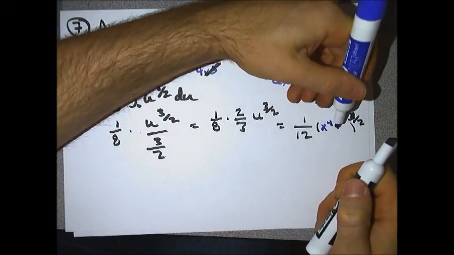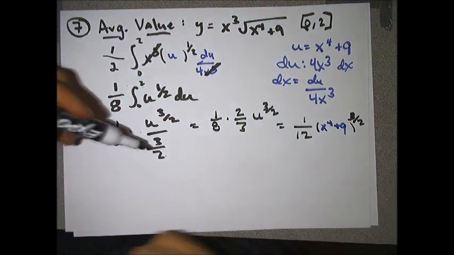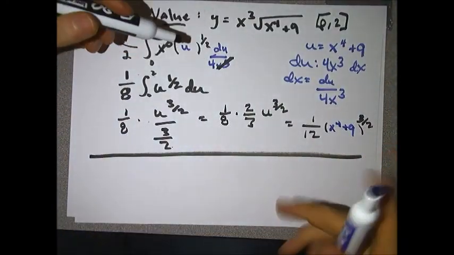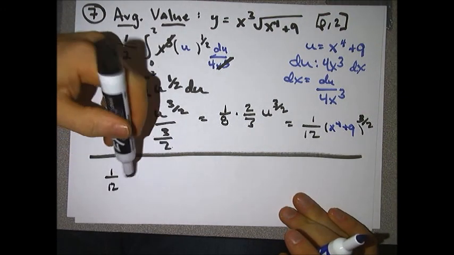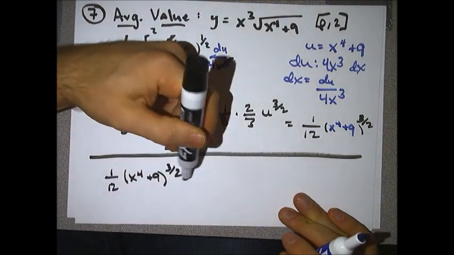Again, we're doing this from 0 to 2. So let me draw a line here to separate. So we want to plug in 2 and we want to plug in 0 into 1/12 x to the 4th plus 9 to the 3/2.